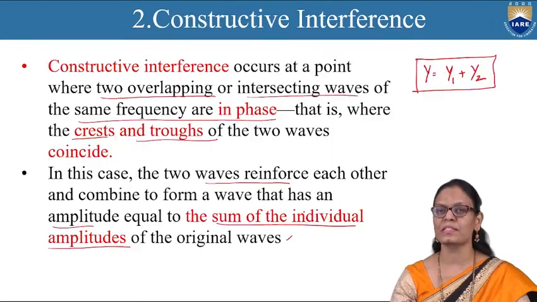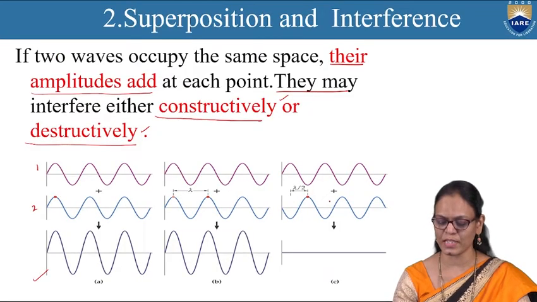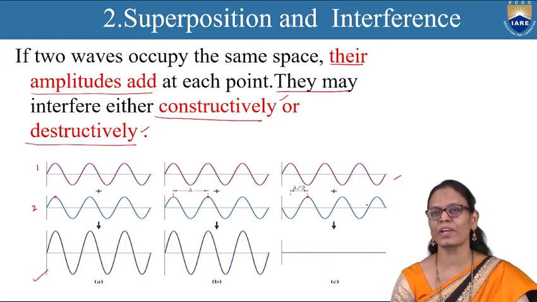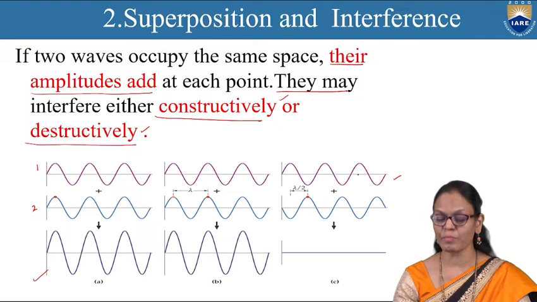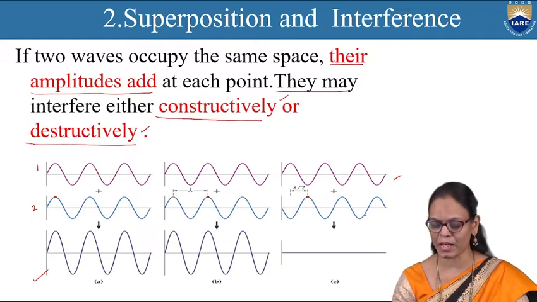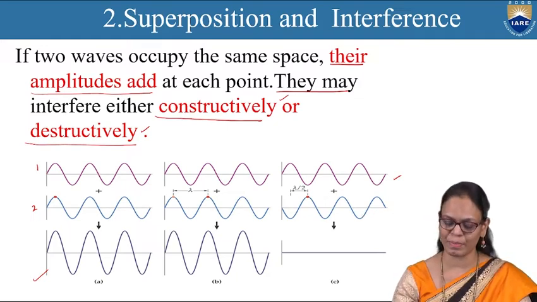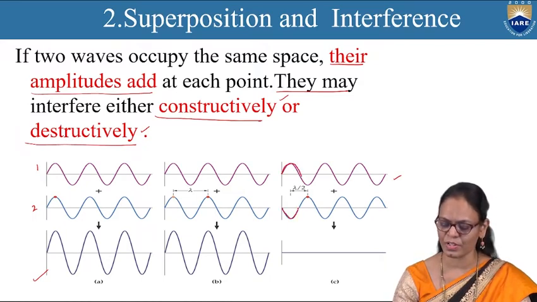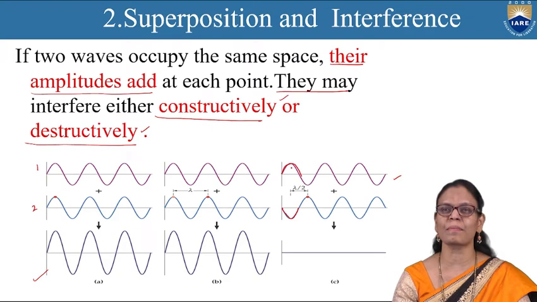And how do we see the resultant wave? See, in this last case, the frequency of the two waves is the same. They are moving along the same direction, but they are opposite in phase. Means wherever there is a crest here, we have a trough here. Crest means it is the maximum displacement in the upward direction.